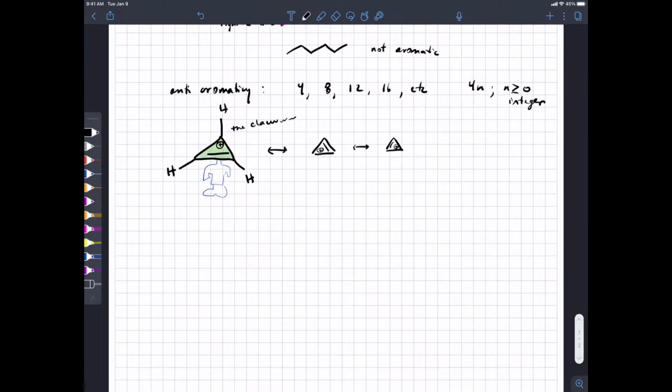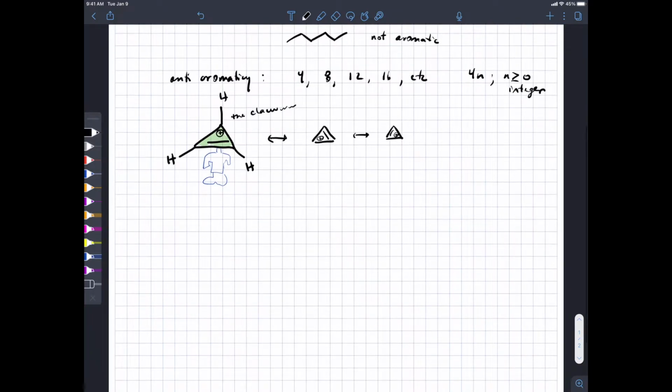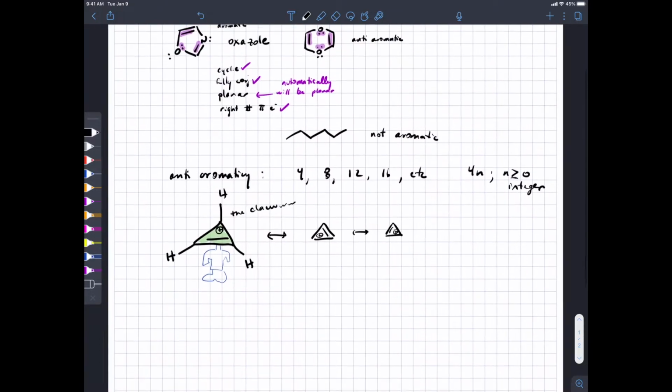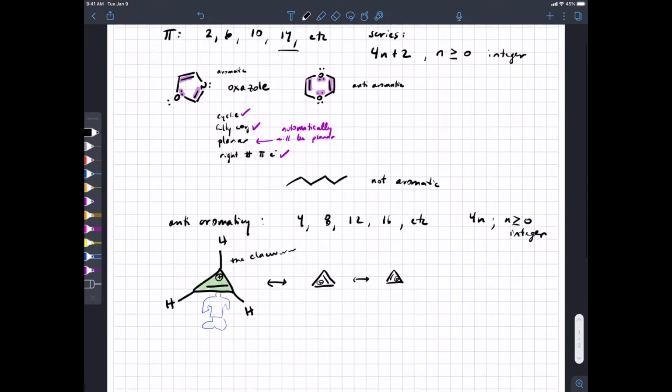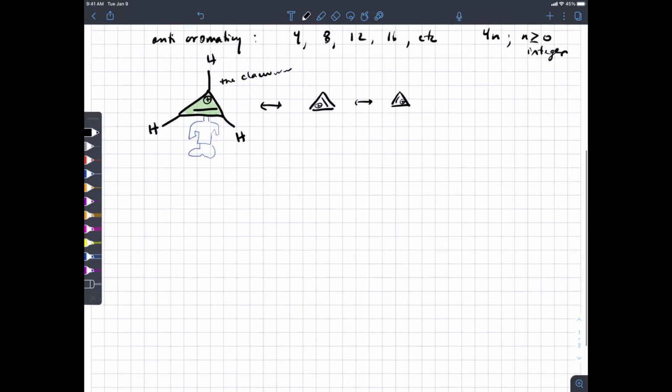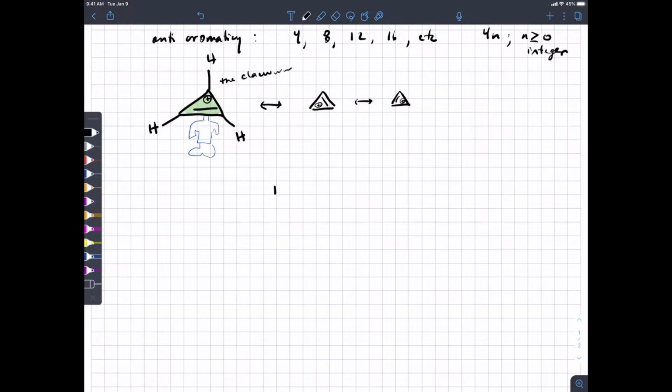Others? Did I miss another hand? Can you think of an example where it has the right number of pi electrons, but for whatever reason it's not fully conjugated?